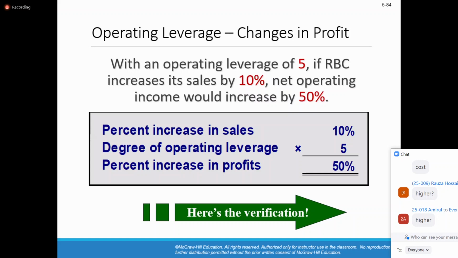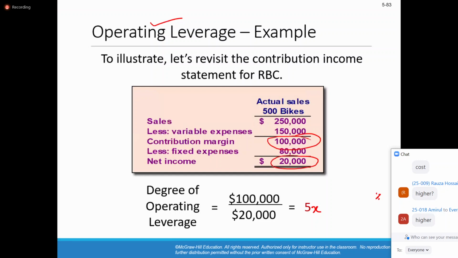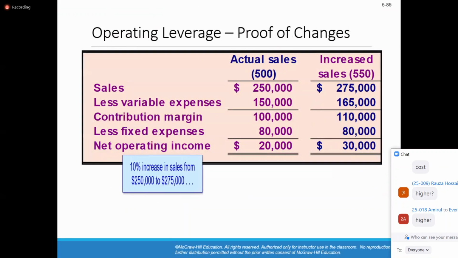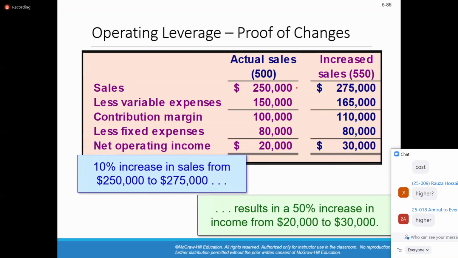So we can again verify whether we did it correctly. Can you recall what our sales are here? 50,000. If we increase our sales by 10%, what will be our sales? 50,000 will now become 10% more, 275,000.